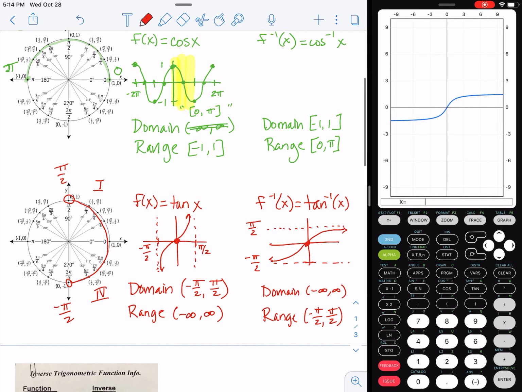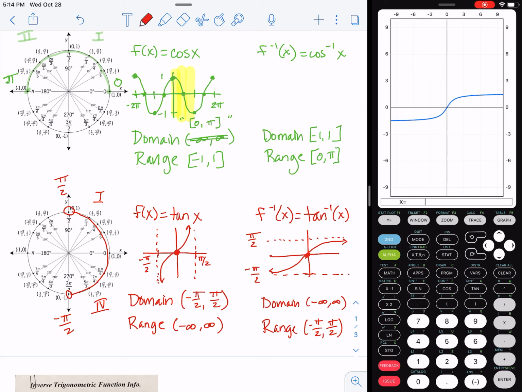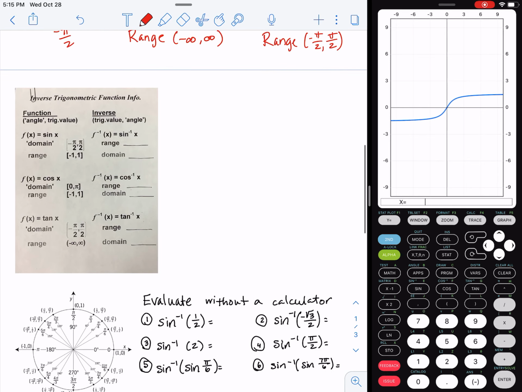So the tangent function here, notice that doesn't have to have a restricted domain because this passes both the vertical line test and the horizontal line test. Right? So therefore, we could go ahead and go straight to graphing that inverse tangent or that arc tangent, however you want to say. All right, so let's fill in this little worksheet right here.